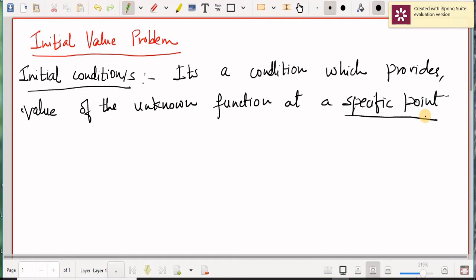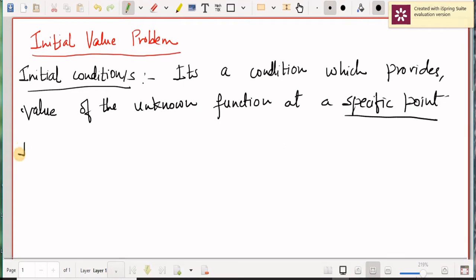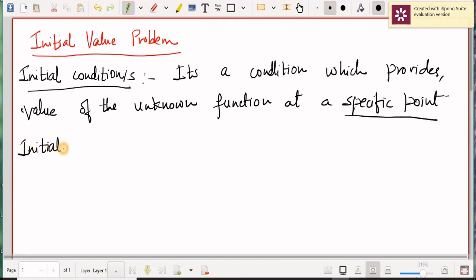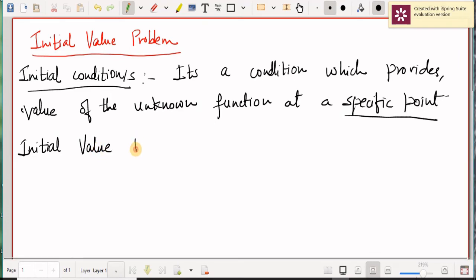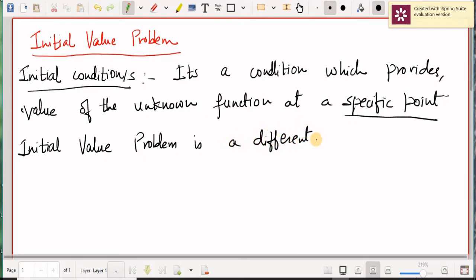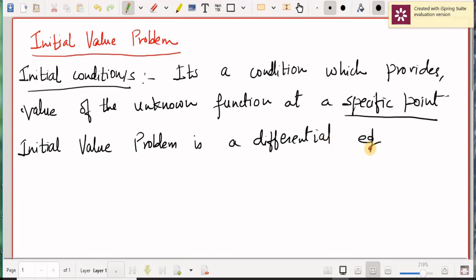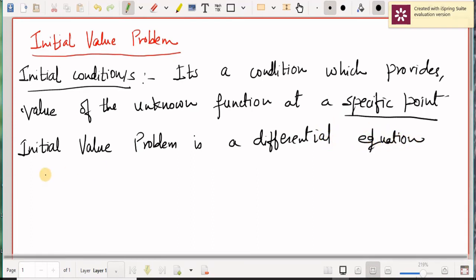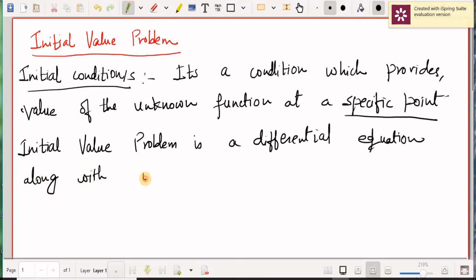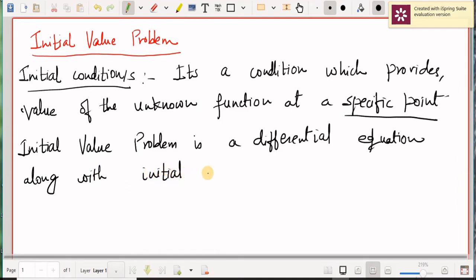So the initial value problem is a differential equation along with the initial condition or conditions. Okay, so initial value problem is a differential equation along with initial condition.